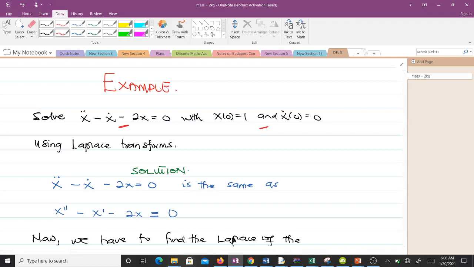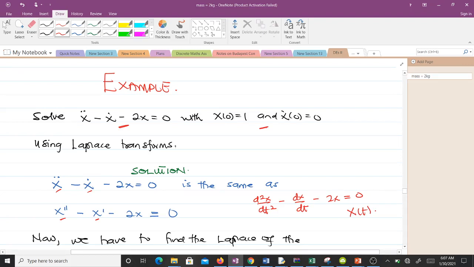This x'' - x' - 2x = 0 is the same as x'' - x' - 2x = 0. We have to find the solution to this differential equation, which is x of t.